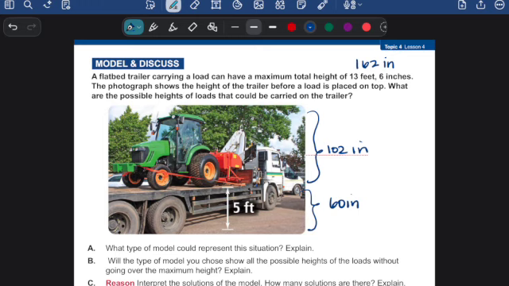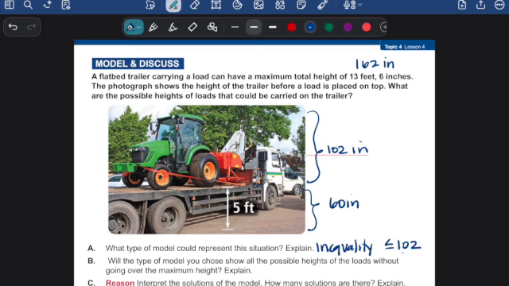What type of model or equation could represent the situation? Well, since we have a maximum height, and we could have anything shorter than that as well, we could use an inequality. So, in a sense, anything less than or equal to 102 inches would represent the height of the load. Will this type of model show all the possible heights? Well, yes.